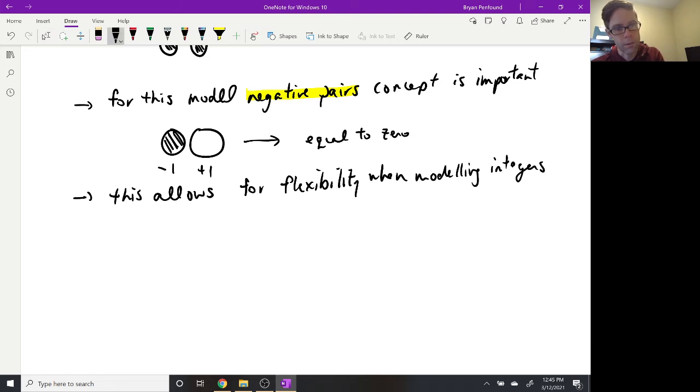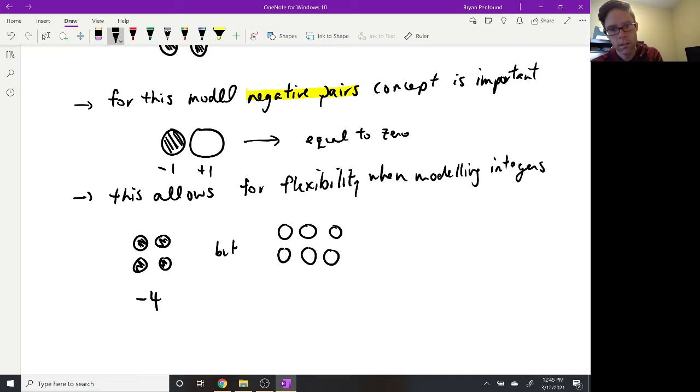So, for example, we know that this is -4. But we also know by the zero pairs property that this is also -4, because, I'm going to circle in red, this is 0.